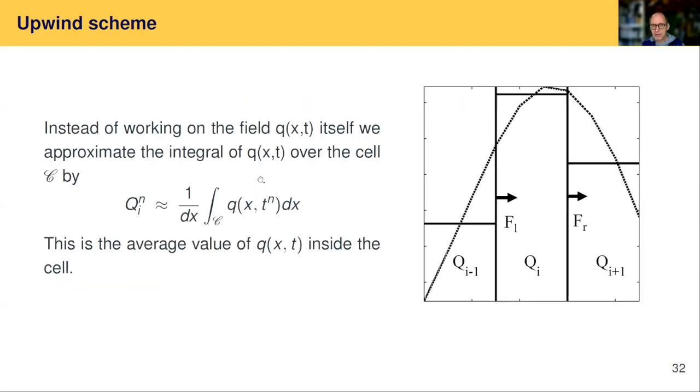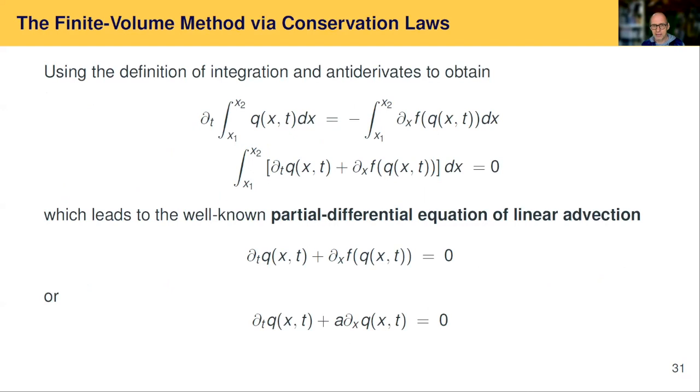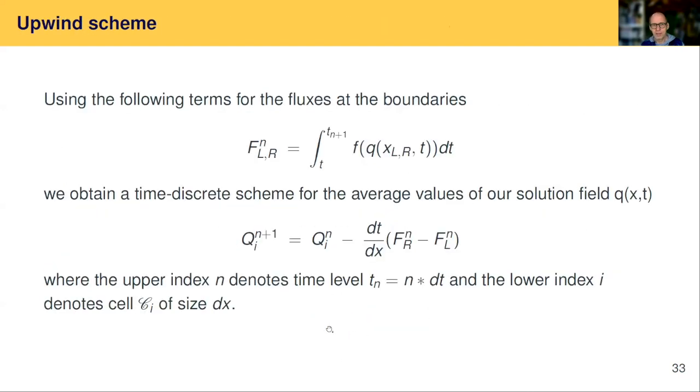And if you do that, you actually get from this form to this discrete time scheme, Q_i^(n+1) = Q_i^n minus dt by dx times the difference of this flux. So this is basically the solution of the advection equation based on the finite volume approach.